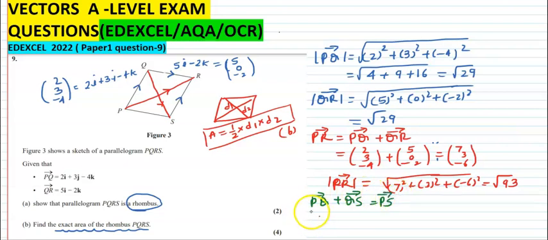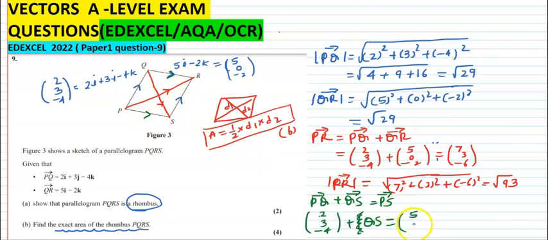PQ plus QS equal to PS. So for P to Q we have 2, 3 and minus 4, and QS we need to find. So let's write here that we need to find QS, and PS is given as 5, 0, minus 2 because they are parallel. This one and this one, they are parallel.